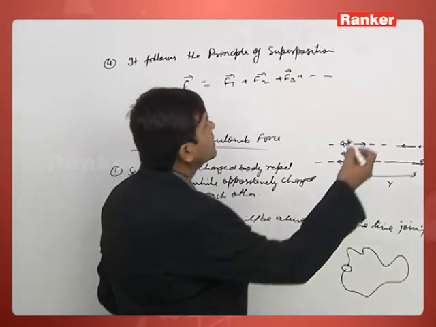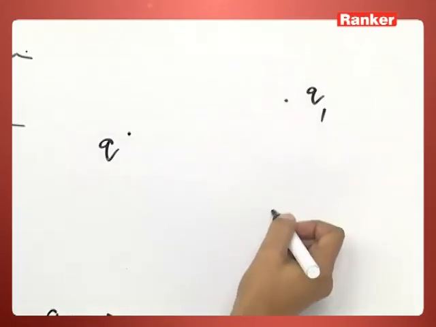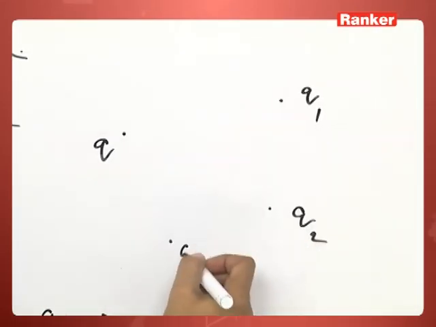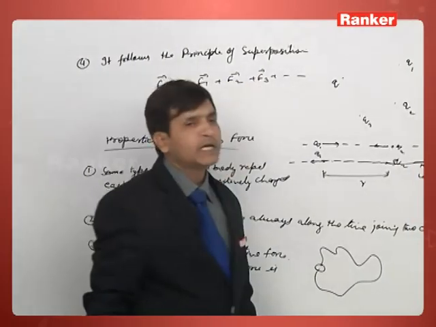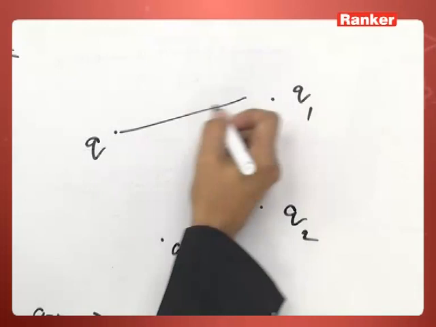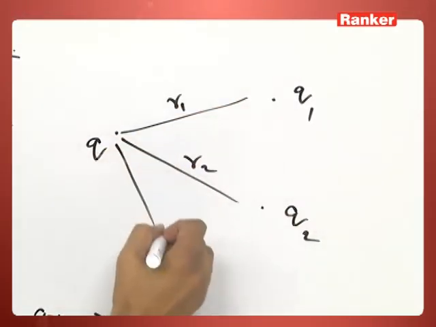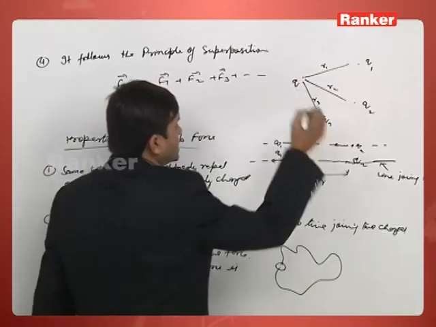For example, suppose this is a charge Q, this is Q1, this is Q2, this is Q3, like this. A number of charged particles are there, and the distance between Q and Q1 we can say R1, Q and Q2 R2, Q and Q3 let R3.